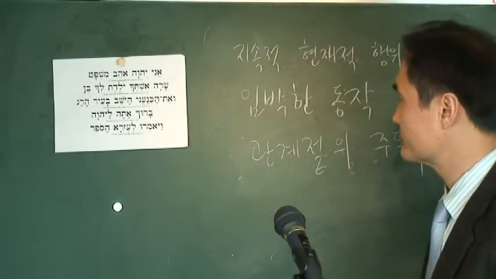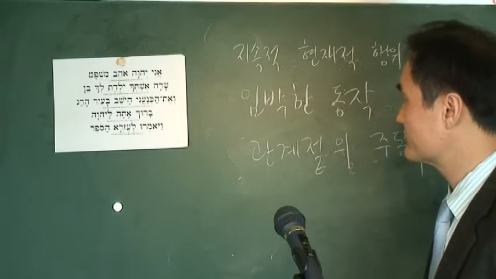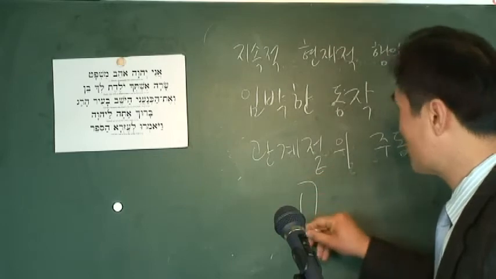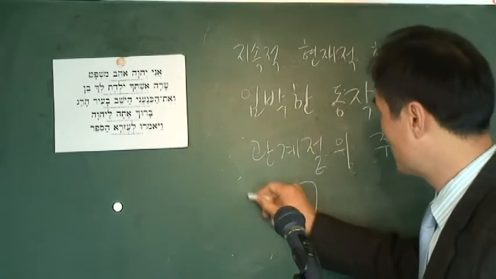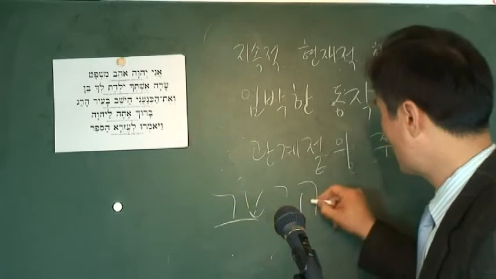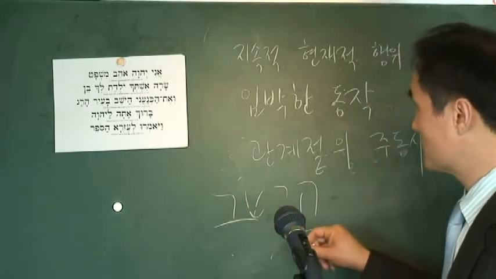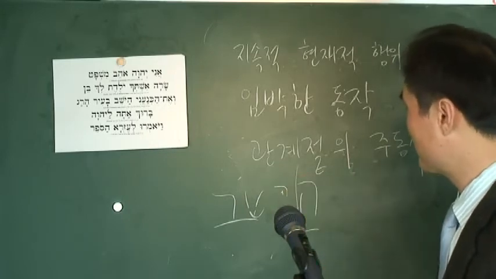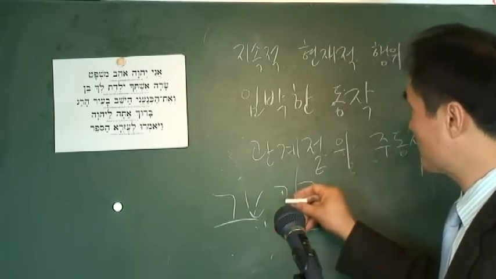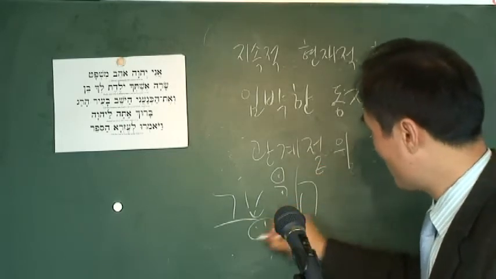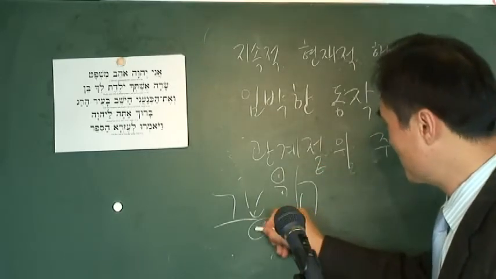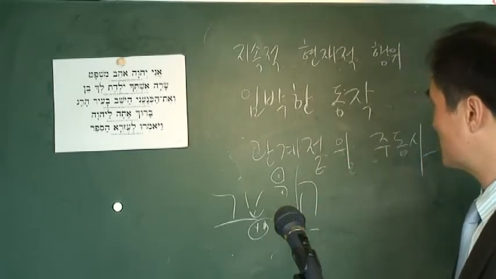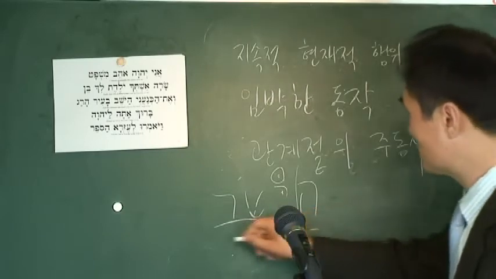Ba'arets means in the land. Ha is classified as the definite article, and we can tell that yoshev is an active participle by the o and e.